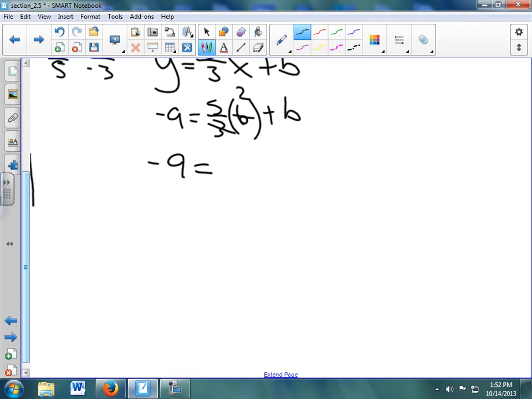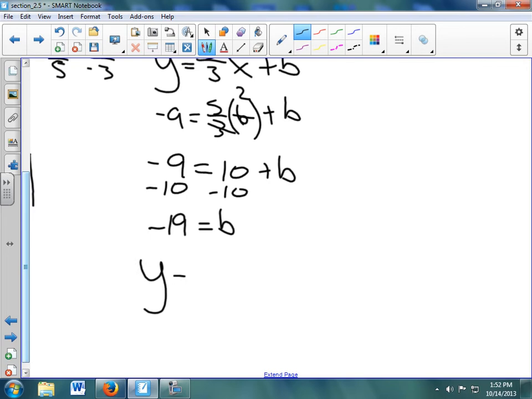Negative 9 equals 10 plus b. I subtract 10. I subtract 10. Negative 19 equals b. So then I write it all together. 5/3 x minus 19.